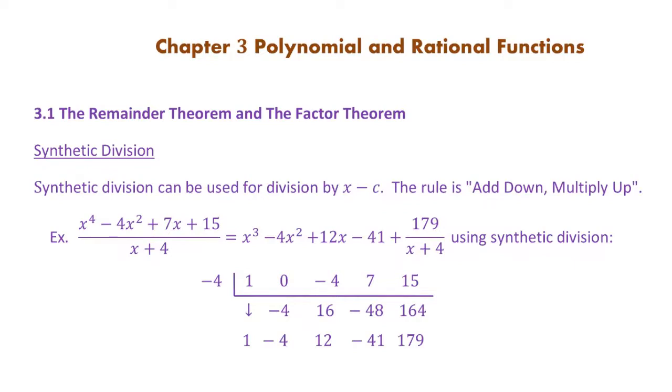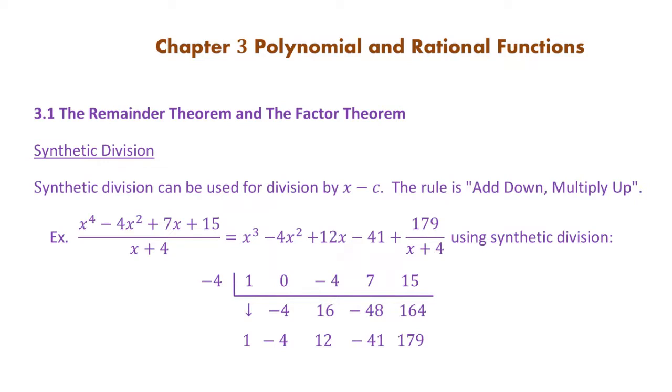Any questions? So then the highest power is x cubed in the quotient, and the coefficient for x cubed is 1. And the next term, x squared, the coefficient is negative 4. And the next term, x, the coefficient is 12.